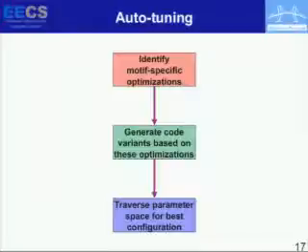The auto-tuning steps that I've outlined, and I think are relatively general, are as follows. First we want to identify motif-specific optimizations. I should have defined motif earlier. A motif is just a way of doing computation and communication.